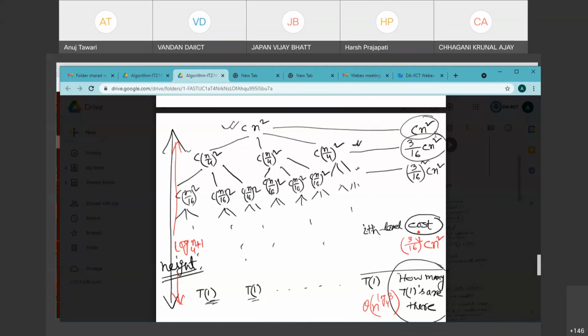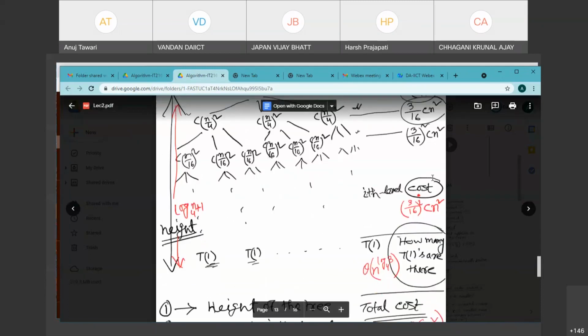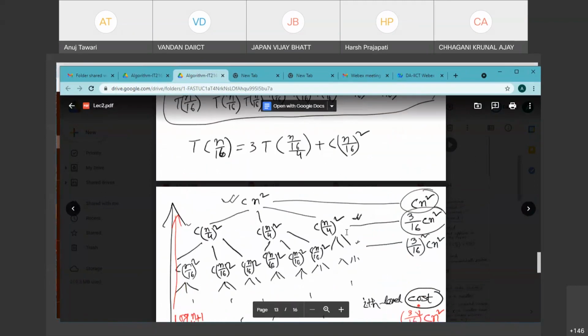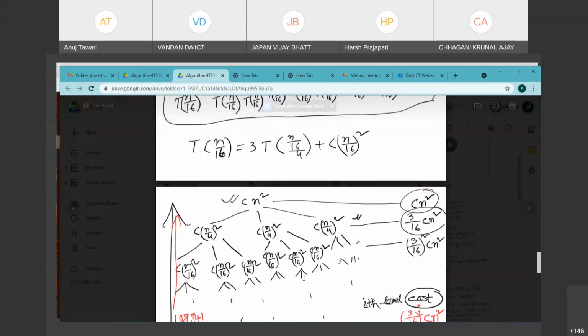So it is at most 16/13 Cn square. So the total solution will be order of n square. Right, so the tree method is very intuitive and you don't have to remember anything to solve recurrences using this recursion tree method.